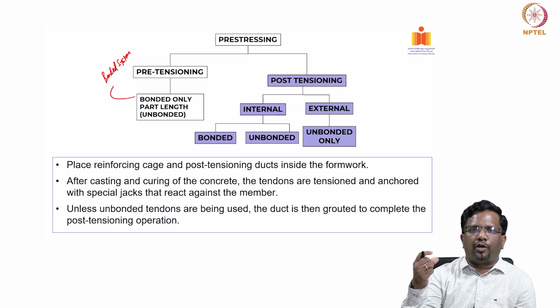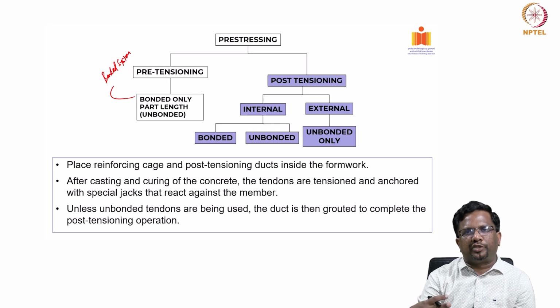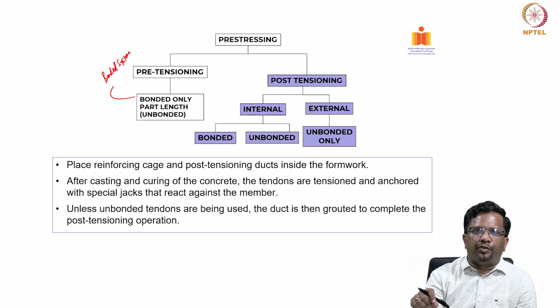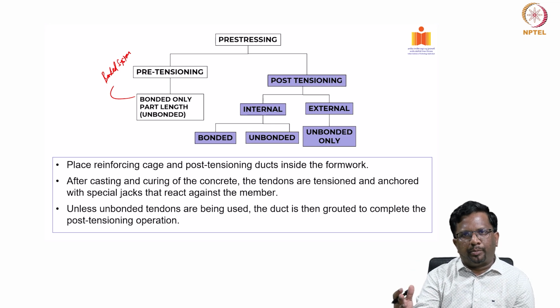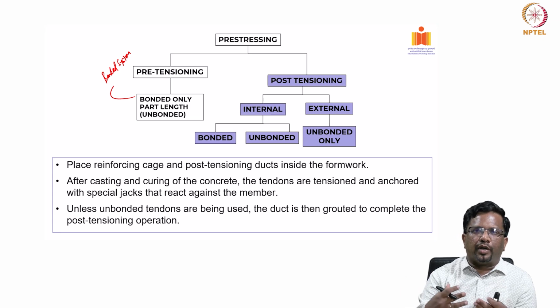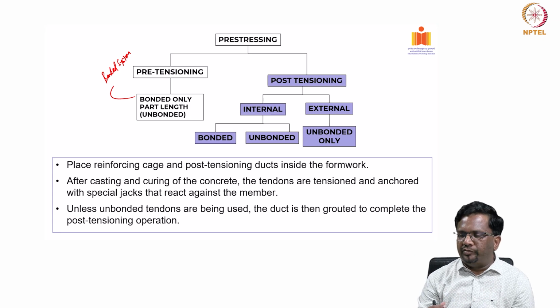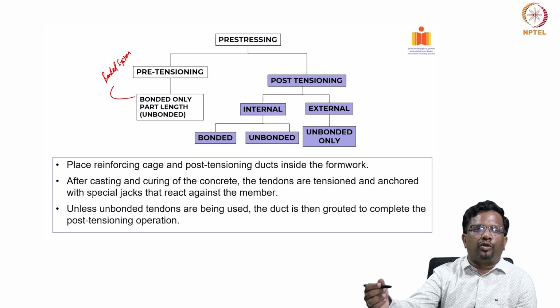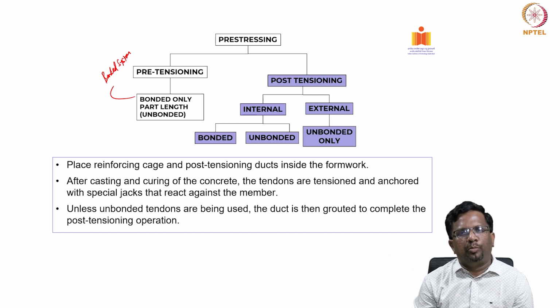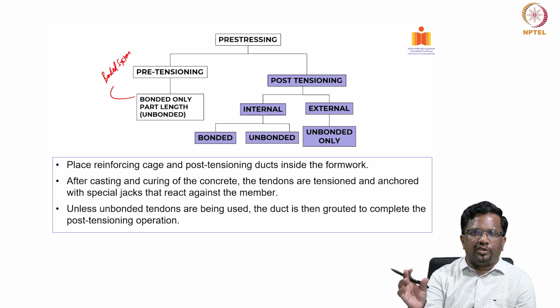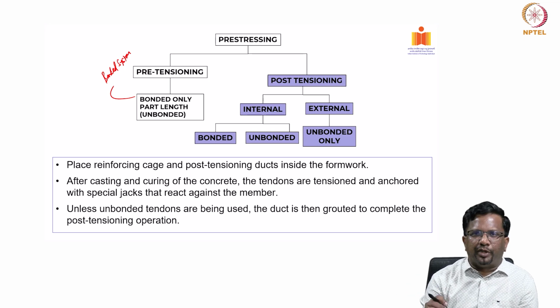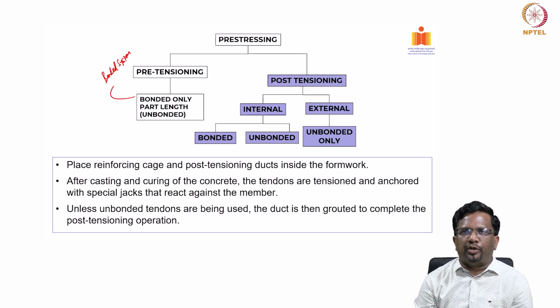So that means the contact between concrete and pre-stressing steel for some of the strands will be purposefully kept not in contact by providing some kind of a sleeve to reduce the amount of force that is coming at the bulkhead locations, right. So, in this way we can create an unbonded system for some elements even in a pre-tension system depending upon your design requirements. Now, we will move on to the post-tensioning.